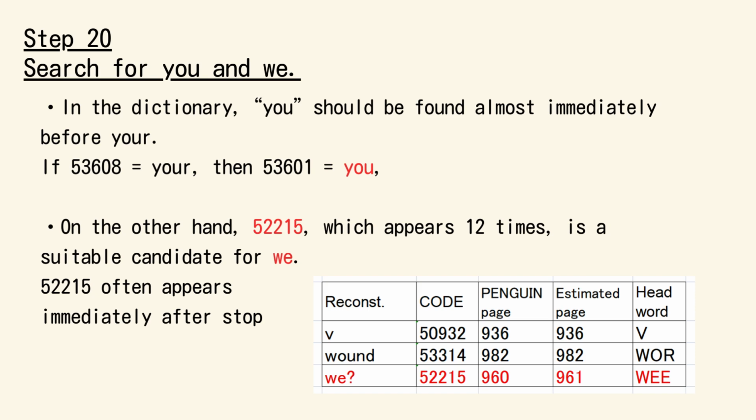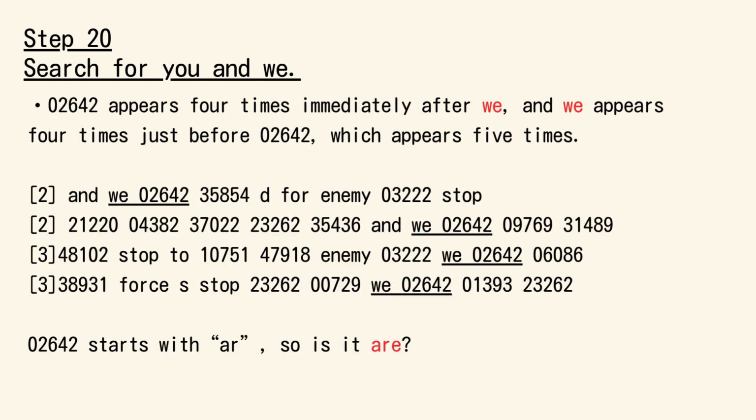On the other hand, 52215, which appears 12 times, is a suitable candidate for we. 52215 often appears immediately after stop. 02642 appears 4 times immediately after we, and we appears 4 times just before 02642, which appears 5 times. 02642 starts with AR, so is it R?